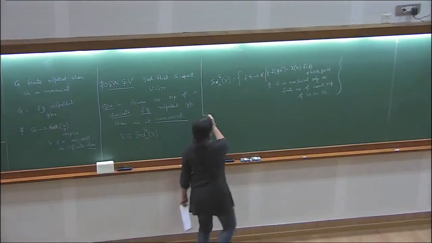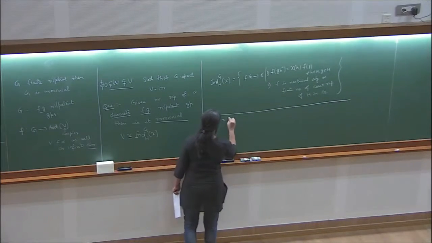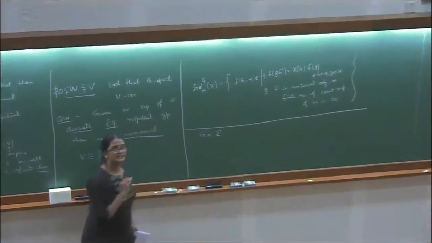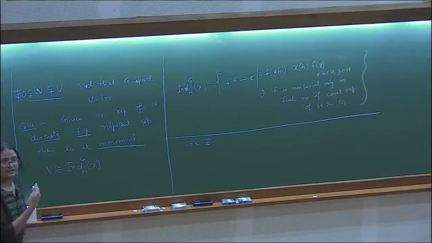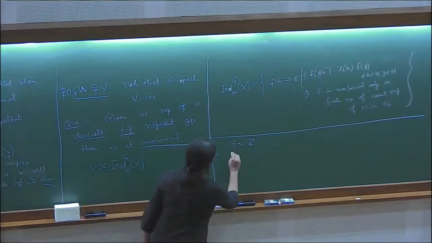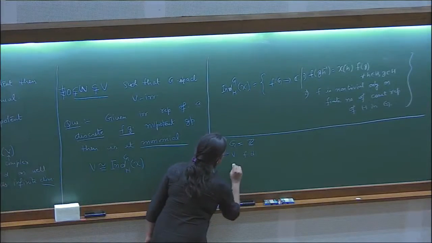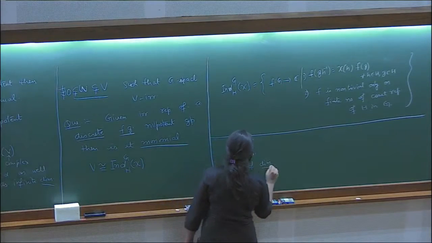Let me start with G being Z. This is my abelian group, and I'm looking at representations of G. I need to consider two cases separately: V finite dimensional and V infinite dimensional.